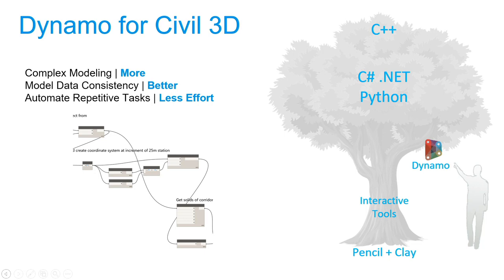So imagine this like a tree of the different levels of programming languages. It's a low-hanging fruit. It's definitely harder than designing things in pencil or paper. It's definitely more advanced than interactive tools like Revit and Civil 3D, but it's less intensive and less hard to understand how to do things in Dynamo versus Python, C#, .NET, and C++.